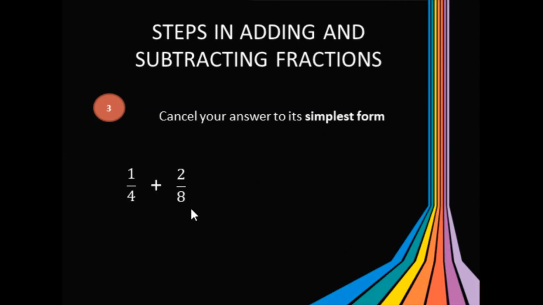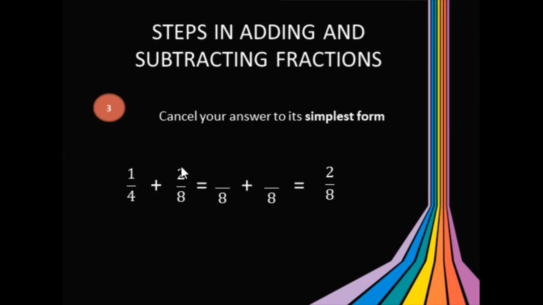Denominators are not the same, so make them the same. We have 8. 8 divided by 4 is 2 times 1, 2. 8 divided by 8 is 1 times 2, we have 2. 2 plus 2, we get 4.